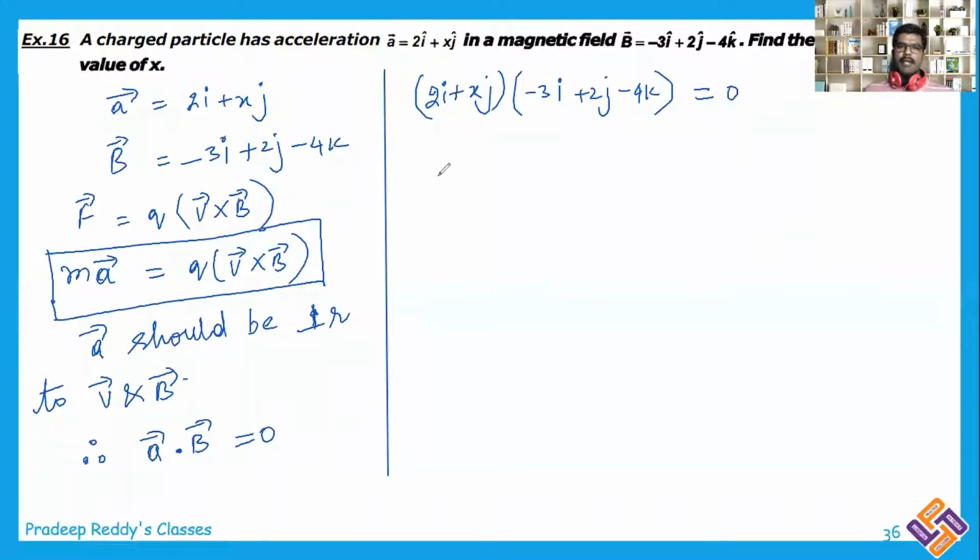It is minus 6 plus 2x minus 0 equal to 0. So 2x is equal to 6, x is equal to 3. Therefore, x equal to 3 is the value. You can substitute x equal to 3 to get the net velocity of the particle.